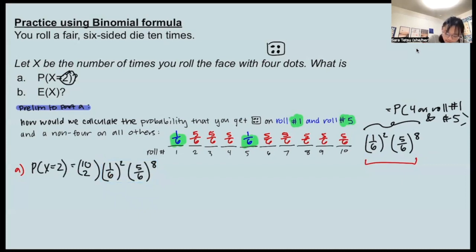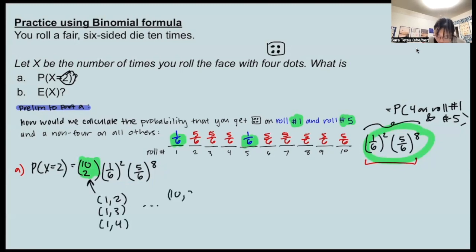The reason that these two answers are related is this one is the probability of getting 2 4s in 2 specific places that we're specifying. To get 2 4s in any of the 10 places, all we would do is multiply it by 10 choose 2. And 10 choose 2 is just the number of combinations of 2 that you could pick from the 10 positions. Like roll 1 and 2, roll 1 and 3, roll 1 and 4, and so on, all the way to roll 10 and 2, roll 10 and 3.